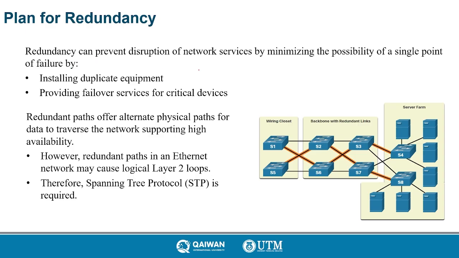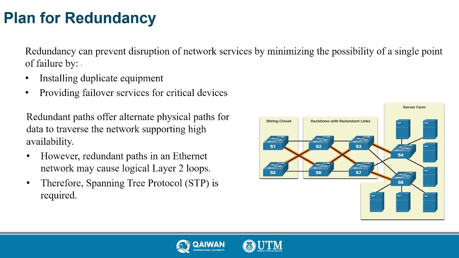Redundancy can prevent a disruption of a network. So it means that redundancy will make sure that your network will be available and will not be disrupted, by minimizing the possibility of a single point of failure. If you want to make sure that your network will be available 24/7, you need to make sure that it is not a single point of failure. And by doing what?